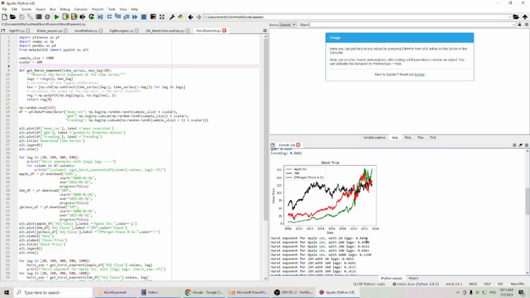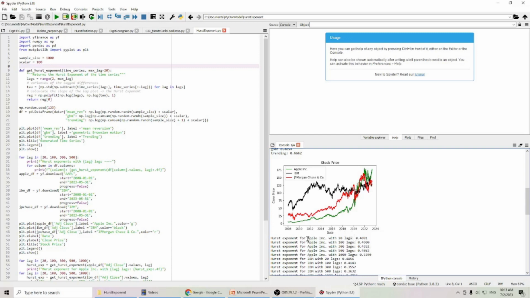You can see with 1,000 legs, the value is 0.54. So this shows the trending pattern for Apple. But for all those legs less than 1,000, like for 500 legs, it's close to 0.5.